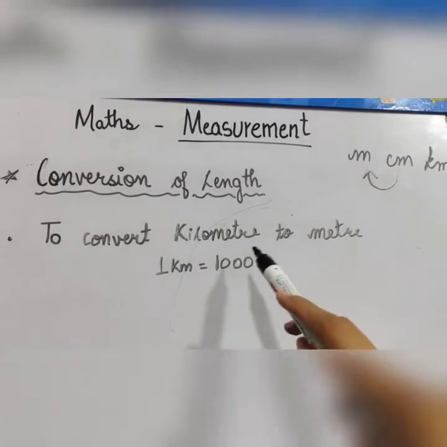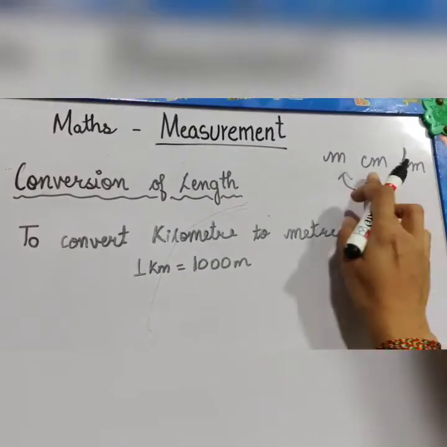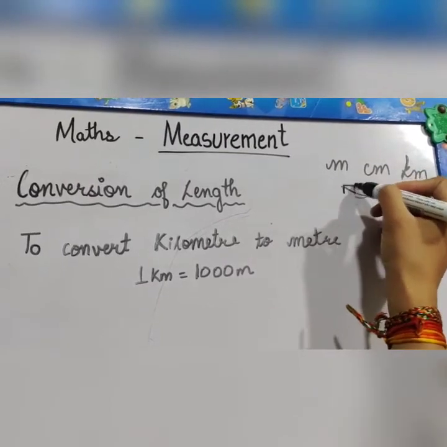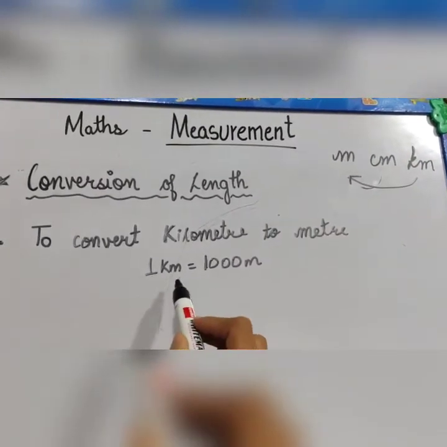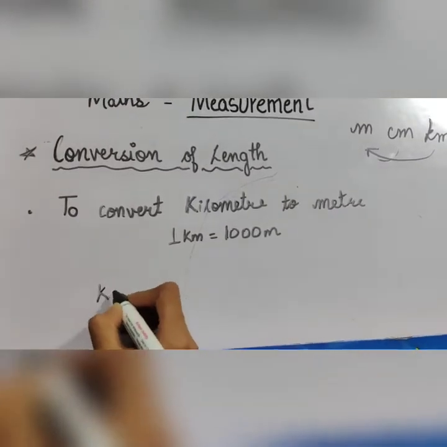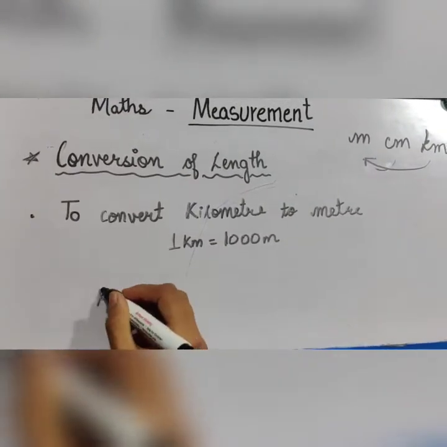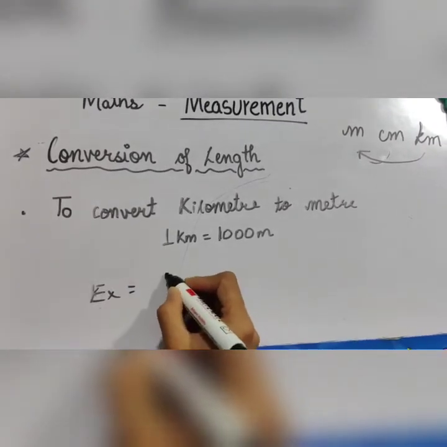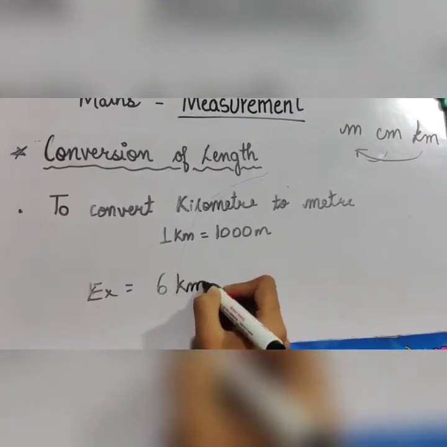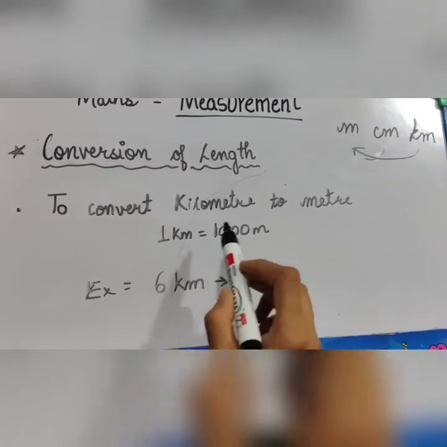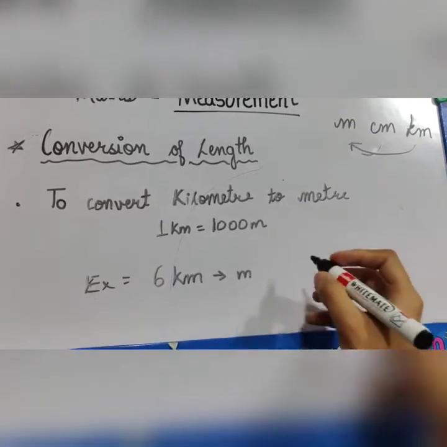Now we will convert from kilometer to meter. Here 1 kilometer is equal to 1000 meter. The example is, suppose there is 6 kilometer and we have to convert it into meter. So as 1 kilometer is equal to 1000 meter, what will we do?